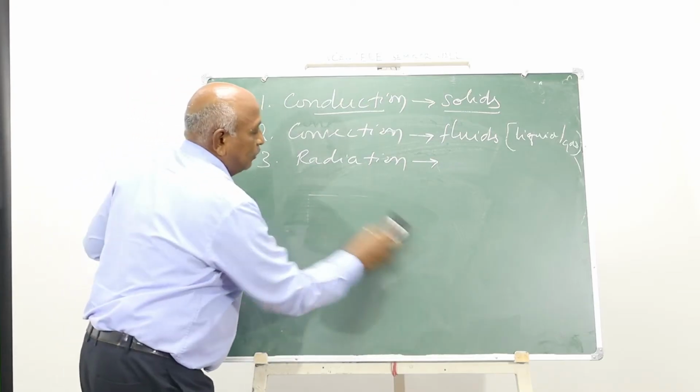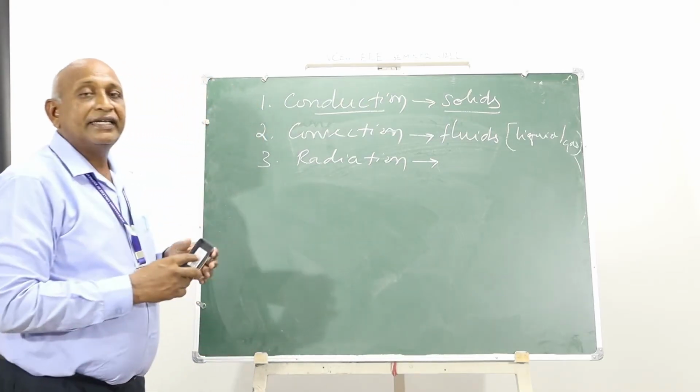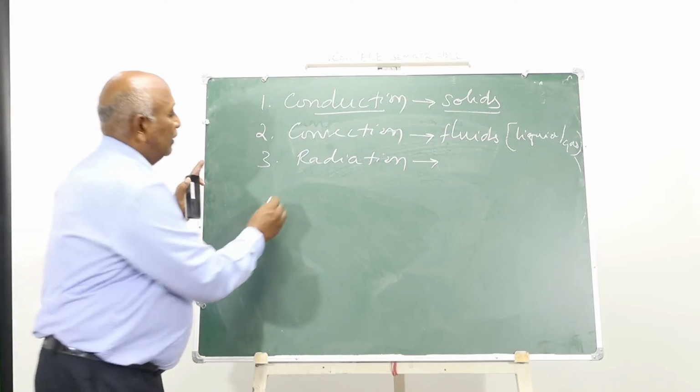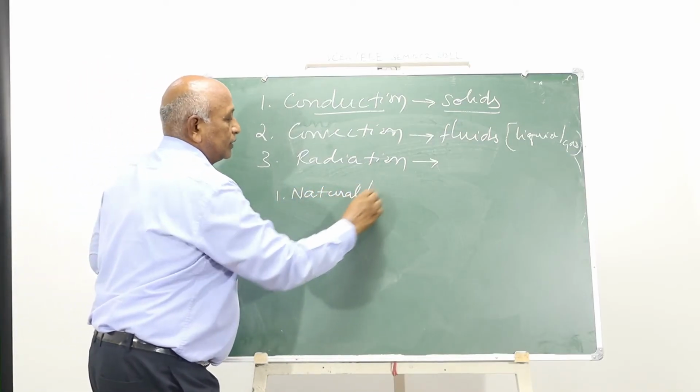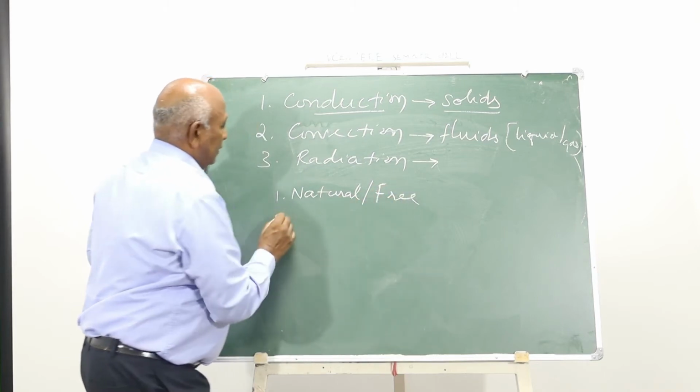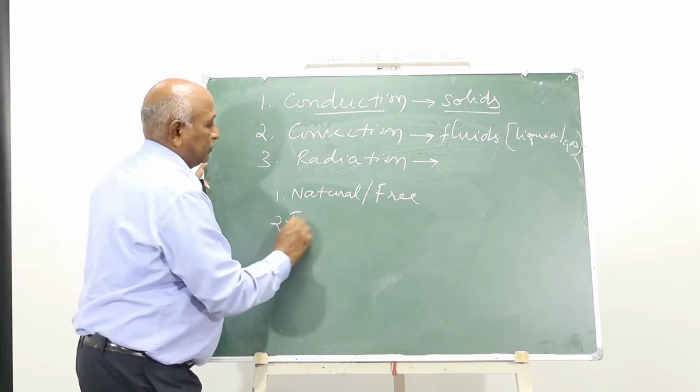Next is convection. Convection heat transfer is classified into two types. One is natural, the other name for natural is free convection. The second one is forced convection.